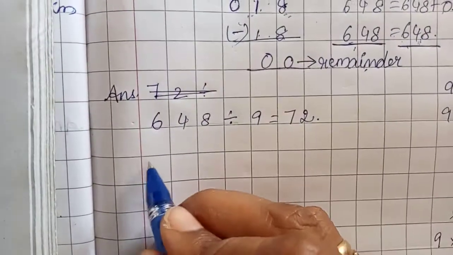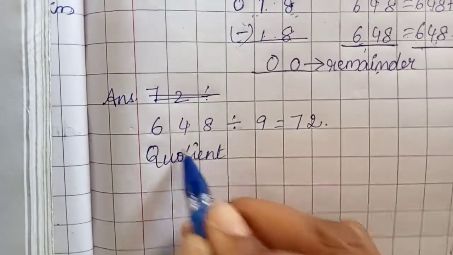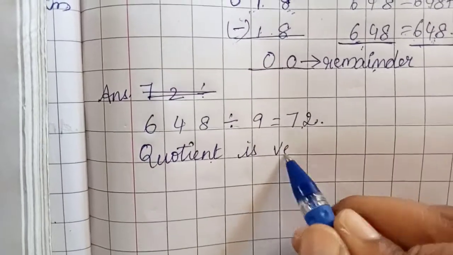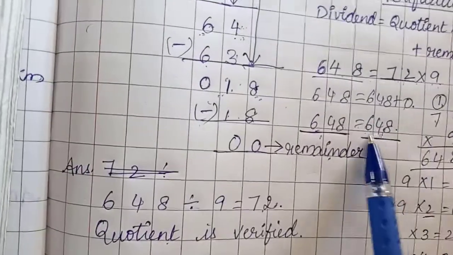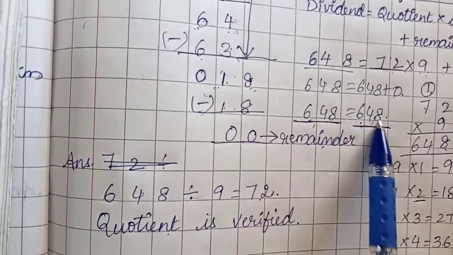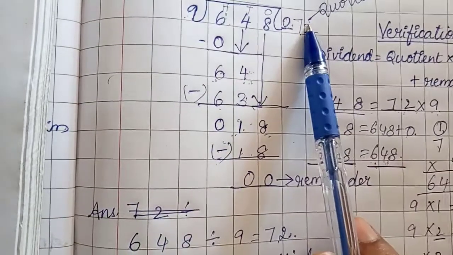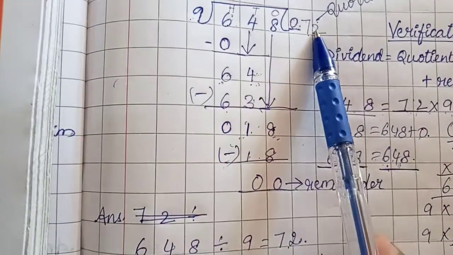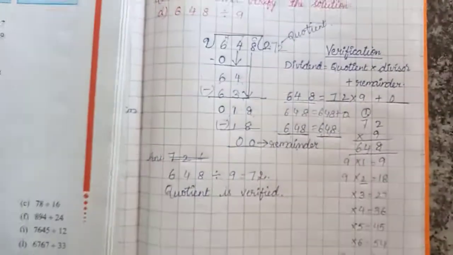And you can write here, quotient. Quotient means 72, is verified. We verified and we got the equal numbers. That means our answer 72 is the correct answer. If you did not get the same numbers, that means it is wrong. So you have to be very careful about doing this division.